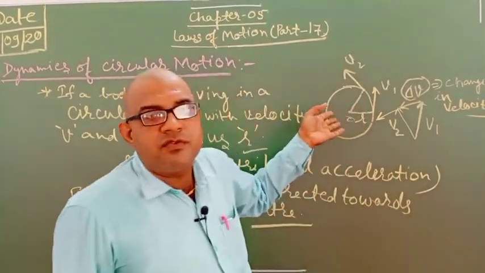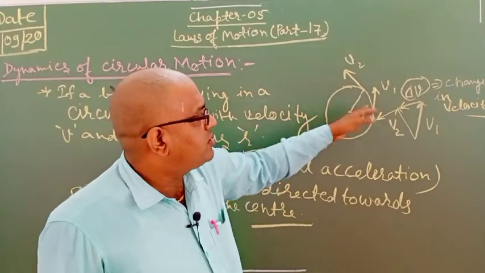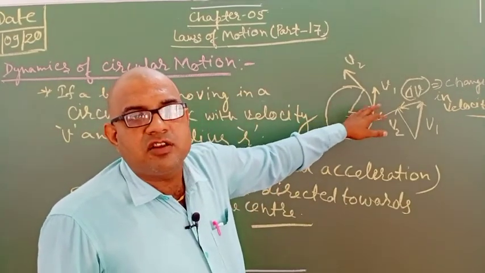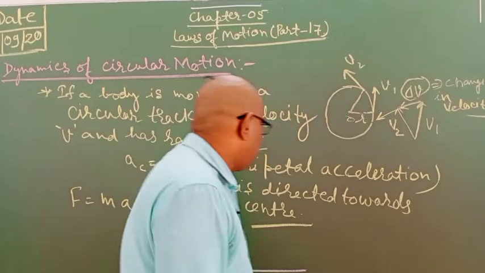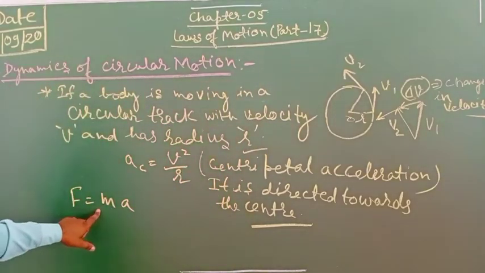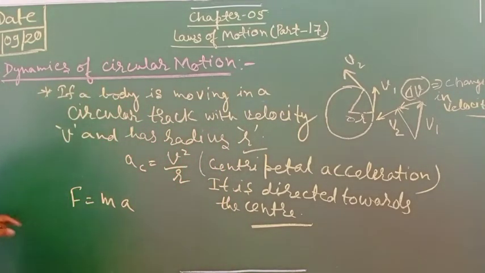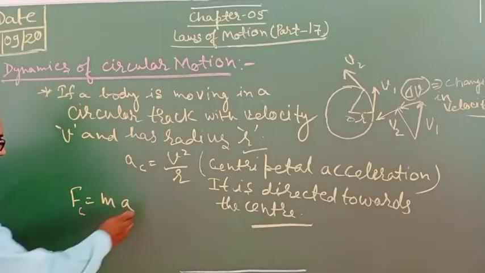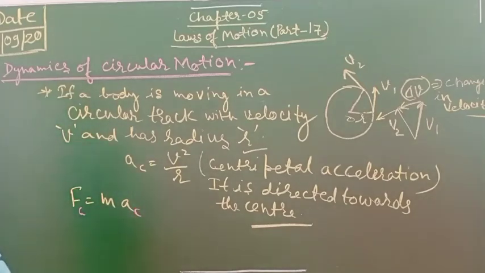Some force is responsible for changing the velocity of the body on the circular path. So by Newton's second law, that force Fc is equal to m ac.